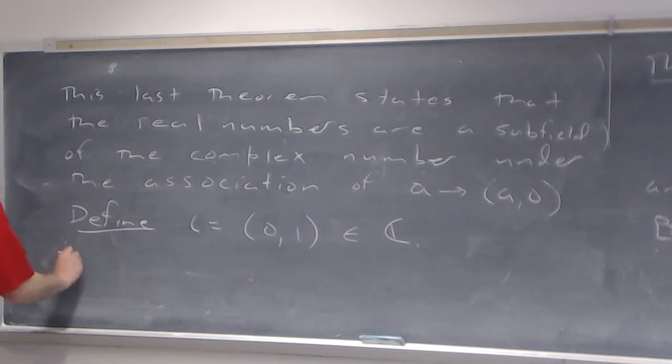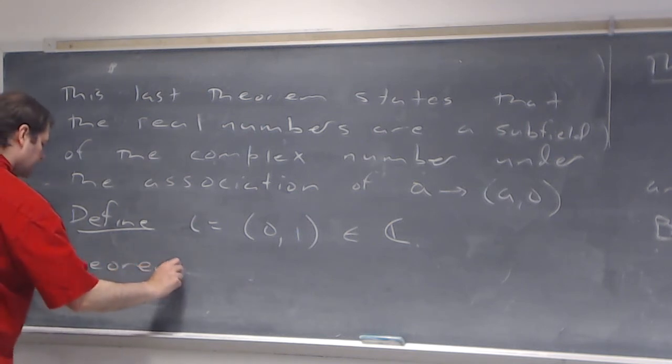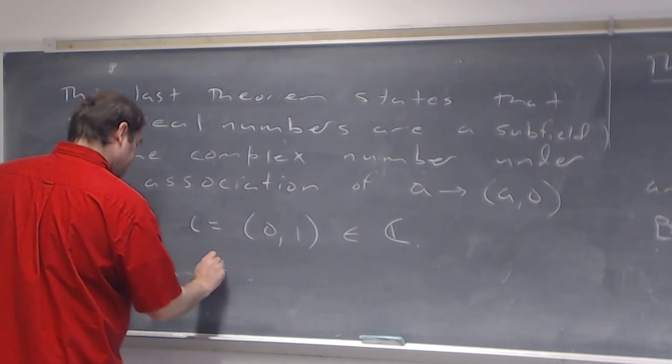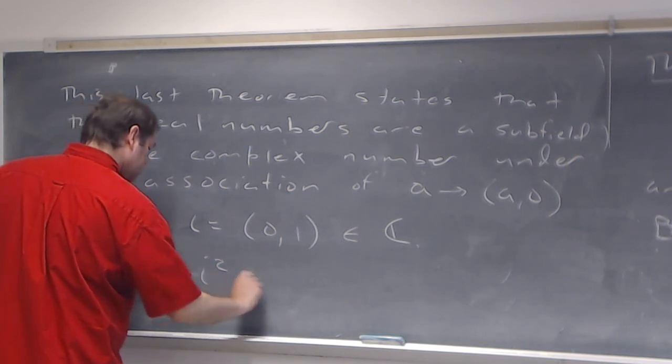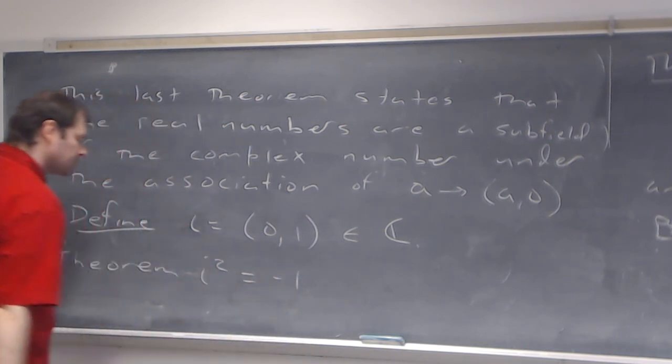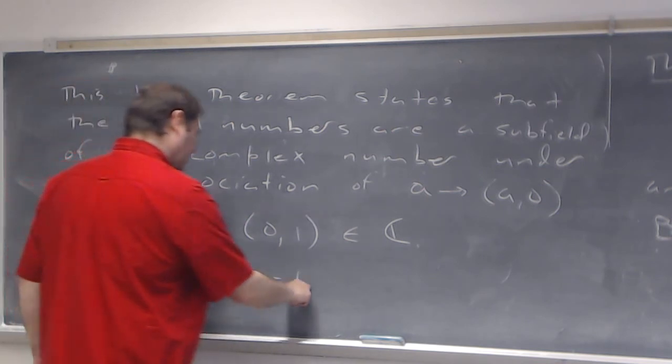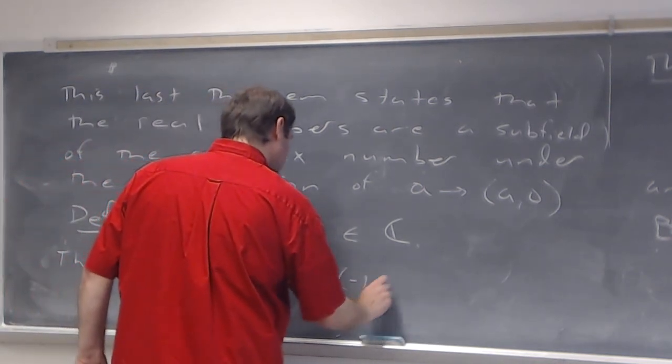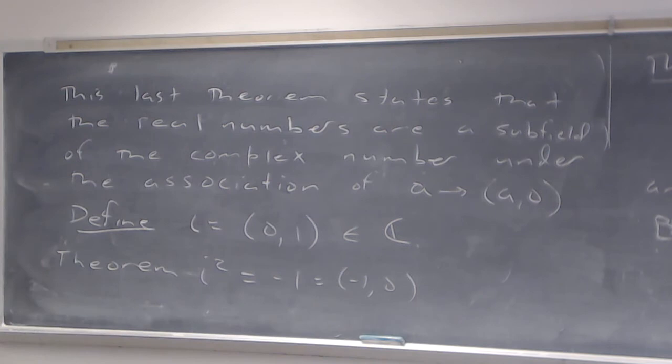Here's the theorem. I squared equals minus 1. And of course, minus 1 as a real number, that's going to be (minus 1, 0). Okay? So that's our theorem through the association that's listed above.